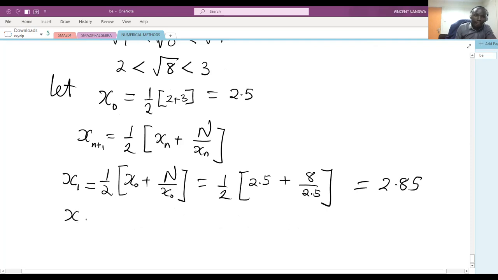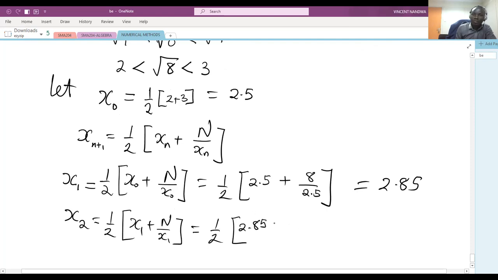And then x2 will be a half into x1 plus n over x1, which will be a half into 2.85 plus 8 over 2.85. So we get 2.828508772.